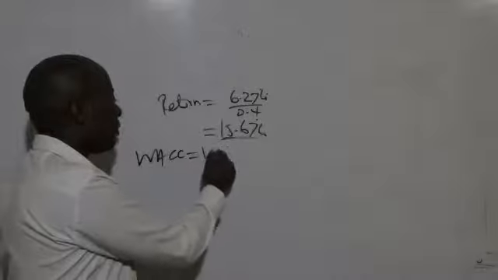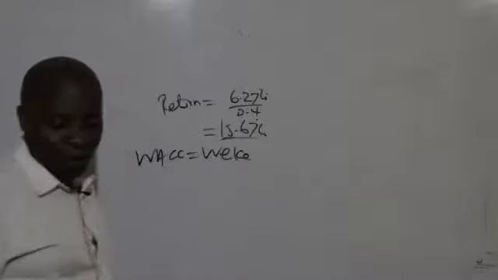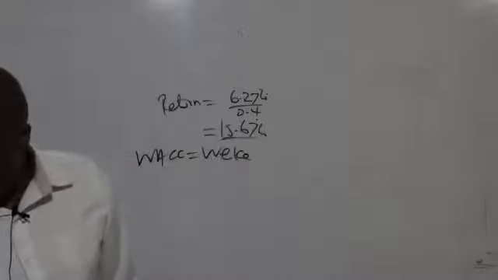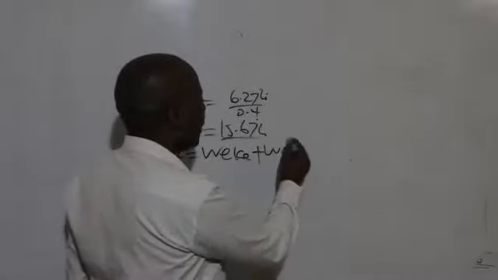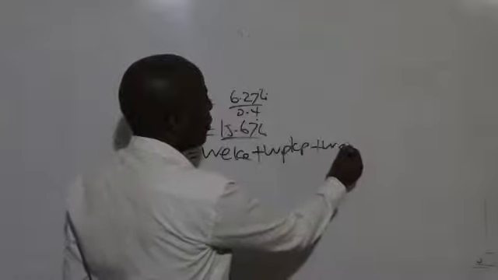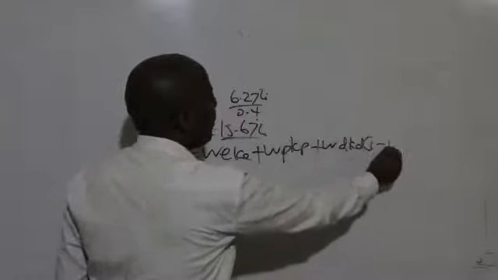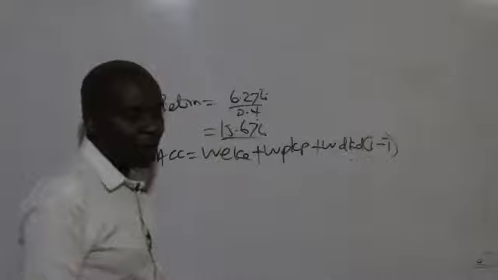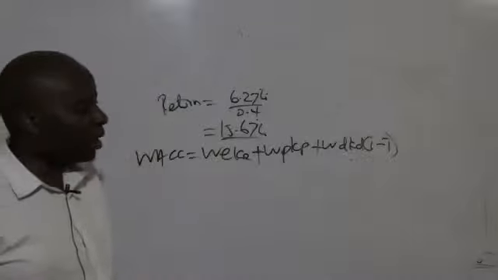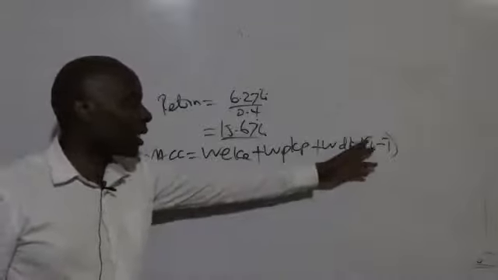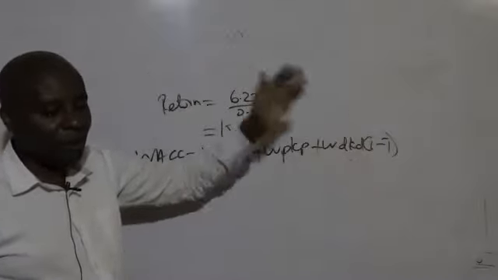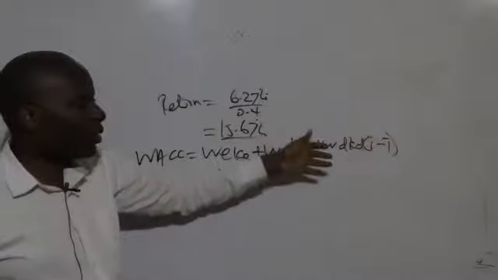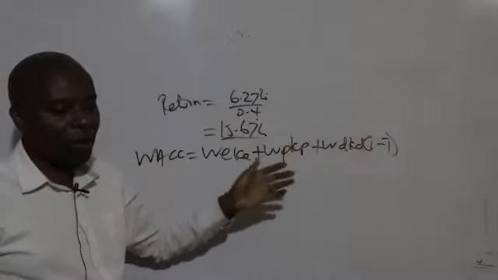It will be weight of equity times cost of equity, plus weight of preference times cost of preference, plus weight of debt times cost of debt. But remember, cost of debt, unlike the others, has to be tax deducted, because for debt we pay interest, and that interest is tax allowable.